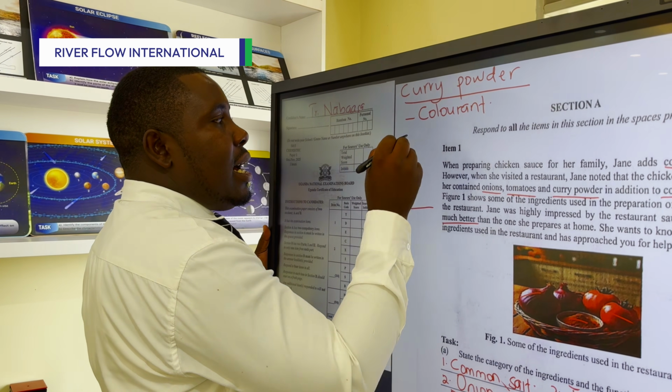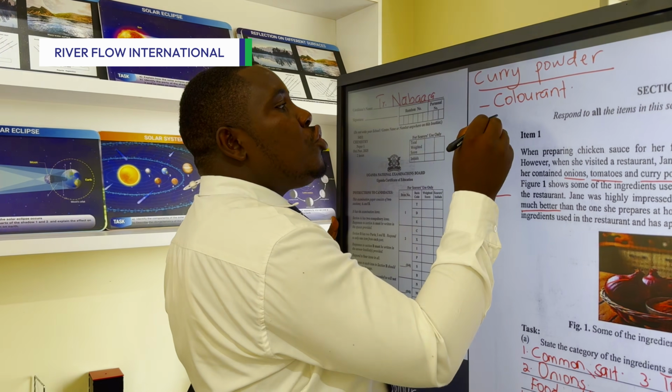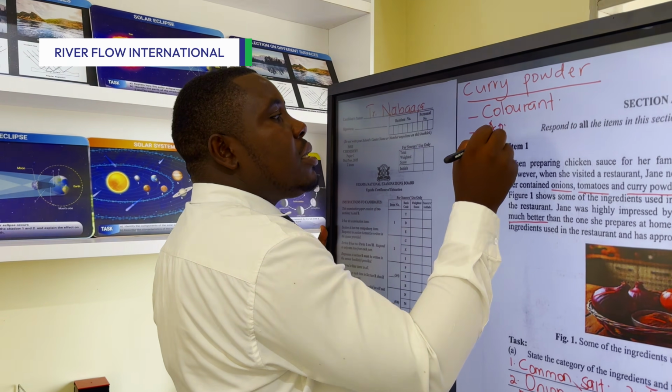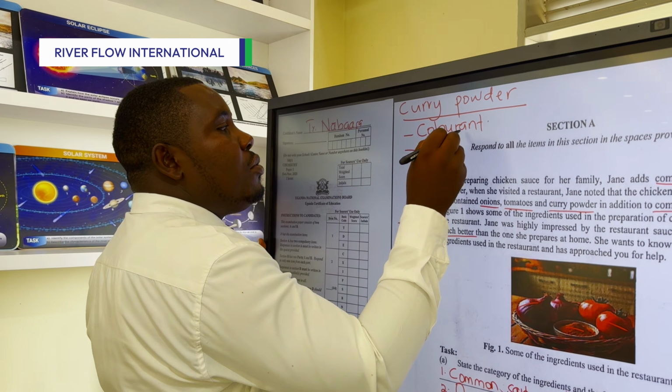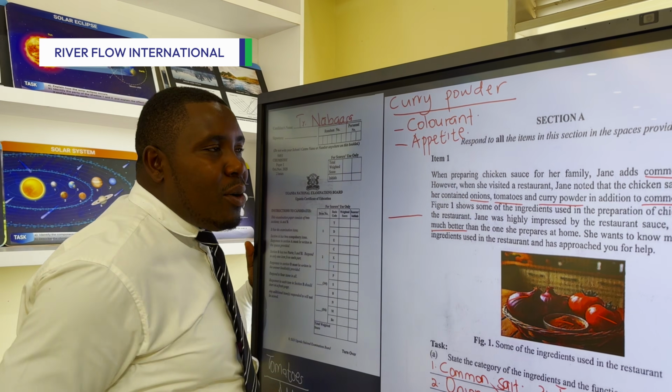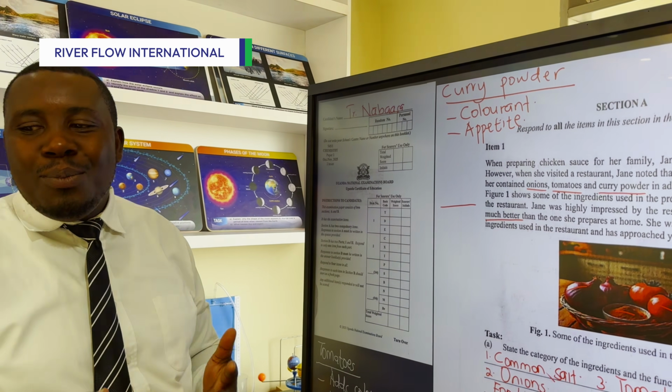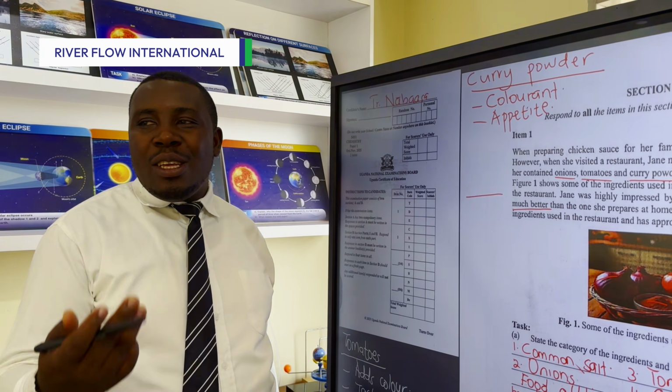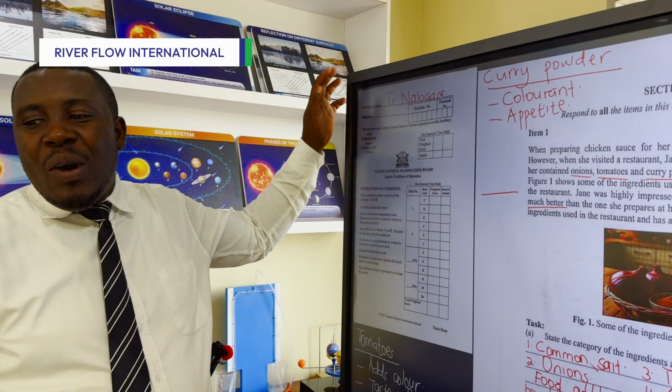It adds color. And number two, it increases appetite. When you are eating food with curry powder, it adds more appetite, and you want it more and more.